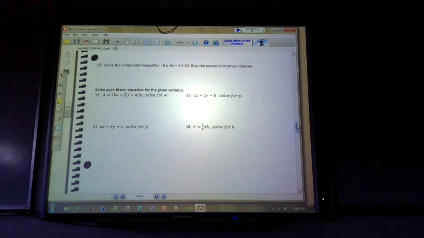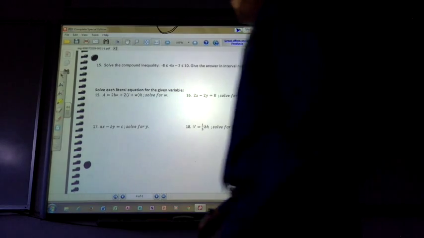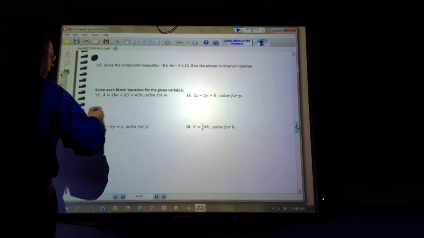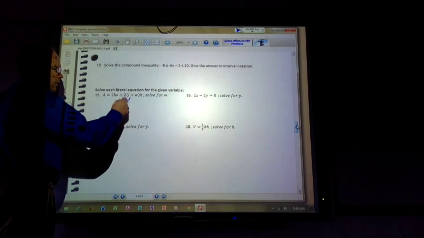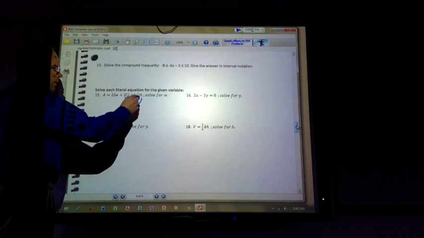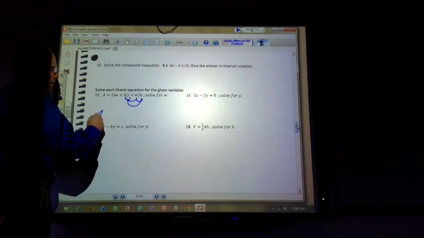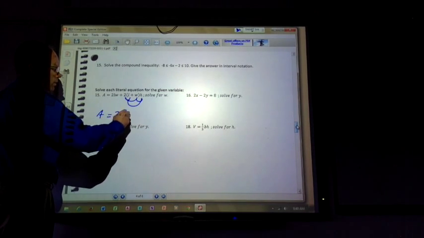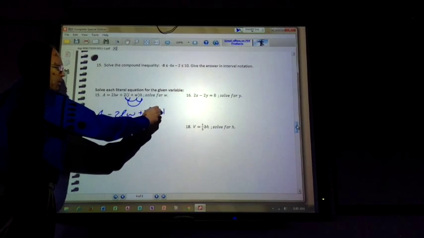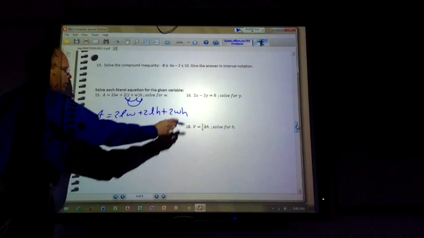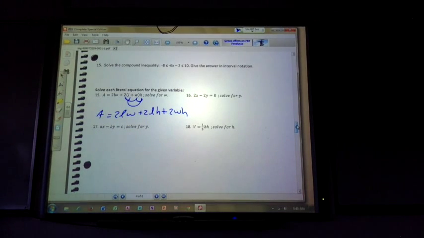Okay, how many W's do I have in number 15? There's 2 of them there, isn't it? Oh my gosh. Dude, okay. Well, I'm going to distribute this, and I'm also going to distribute the H. Oh my gosh. Area equals 2LW plus 2LH plus 2WH.